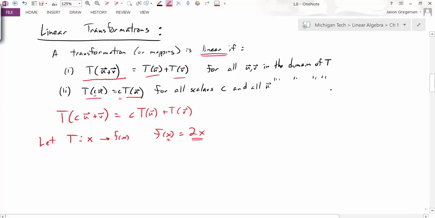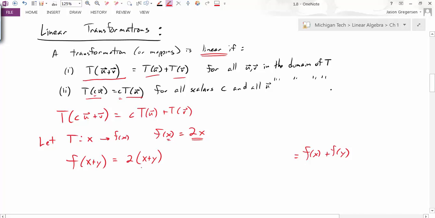Well, we have to show the first thing, that f of x plus y, so I have two values I'm putting in here, somehow this needs to be equal to f of x plus f of y. Now if I can show that's always true, then I've satisfied that first property. Well, by definition, f of x plus y is just 2 times the quantity x plus y. I'm just changing the argument from x to x plus y.